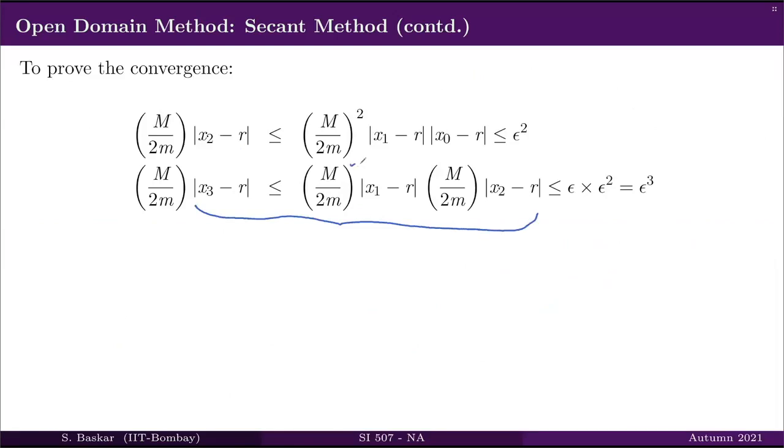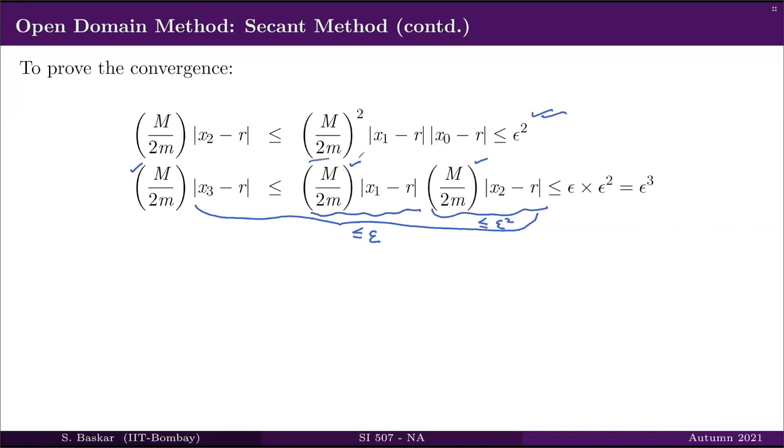Well, you have two terms here because I have multiplied M by 2m on the left hand side, and therefore I have one more extra term M by 2m on the right hand side. Now you see this is less than or equal to epsilon, and this term we have just proved is less than or equal to epsilon square.